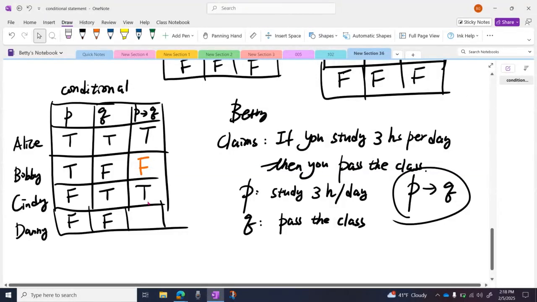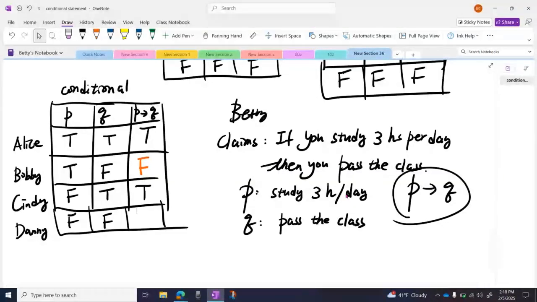Same with Danny. Even Danny will be unhappy because he ended up failing, but he does not study 3 hours a day either, right? He's not happy, but in Danny's case, you cannot say logically my claim is wrong either. Again, what I claimed is if the antecedent is met, if you studied 3 hours every day, then you pass as a result.